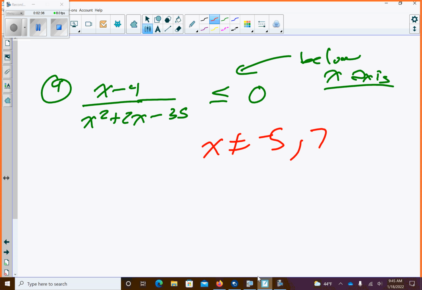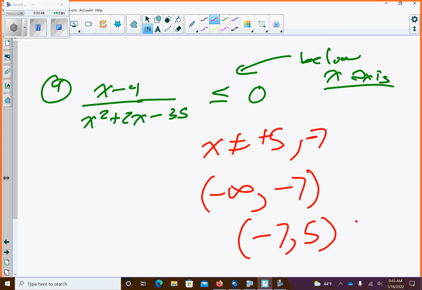I went backwards. +5 and -7. All right, so our domain is going to go from -infinity to -7. It's also going to go from -7 to 5, and it's also going to go from 5 to infinity.